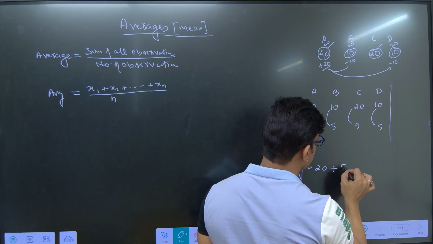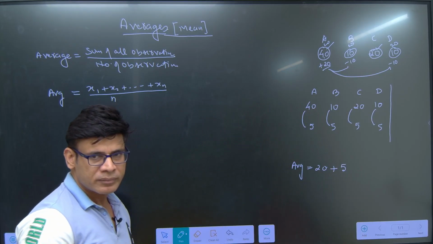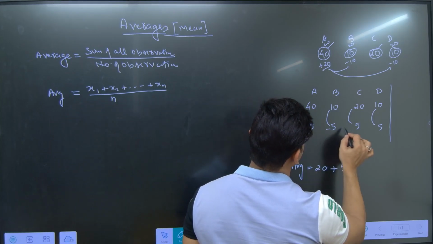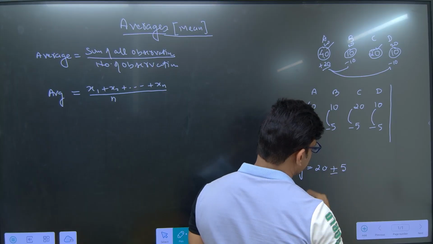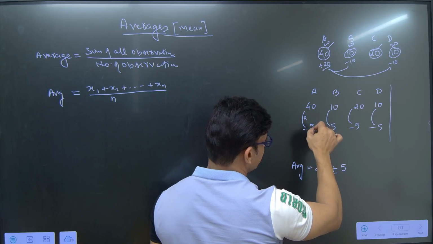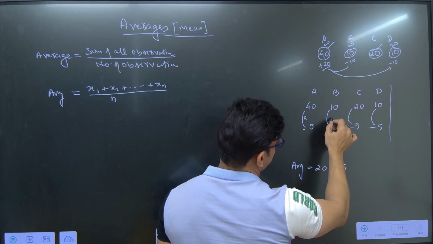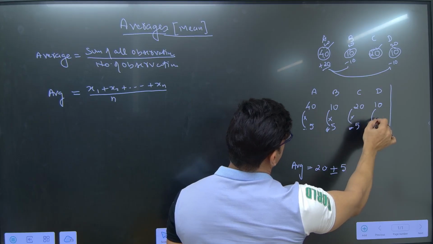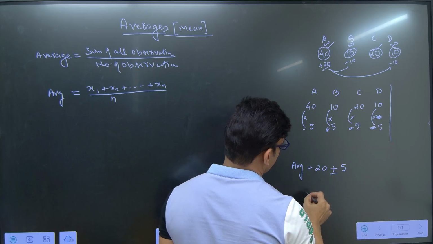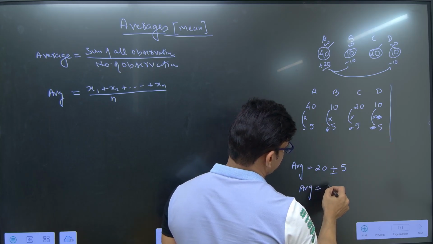Average will also increase by 5. Similarly, if I decrease by 5, 5, 5, 5, average will get decreased by 5. And if I multiply the number of chocolates of each of them by 5, then average will also get multiplied by 5.